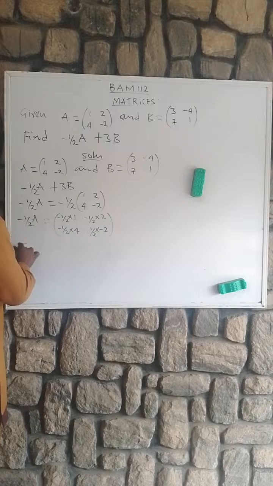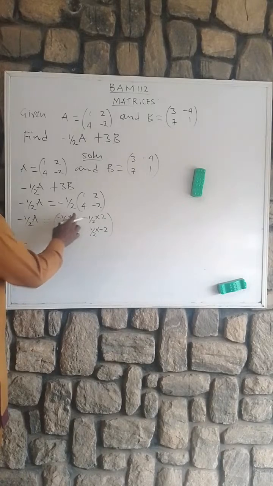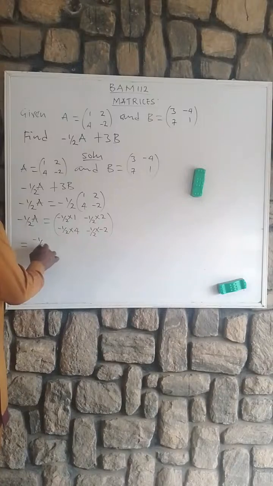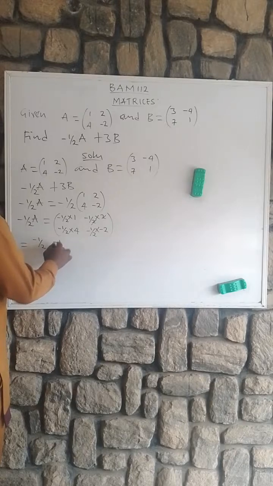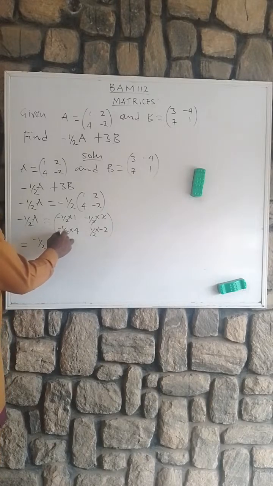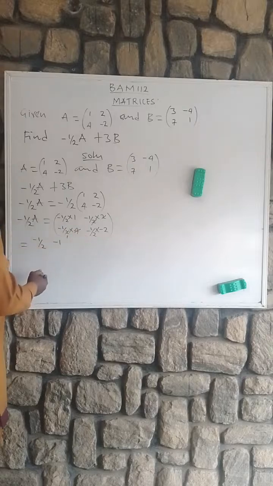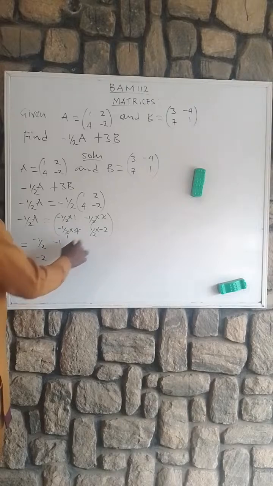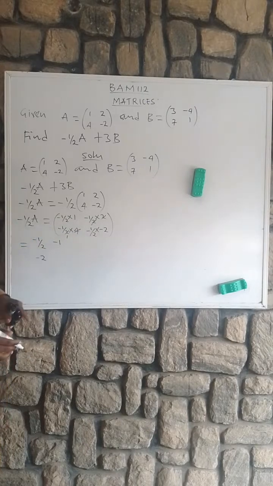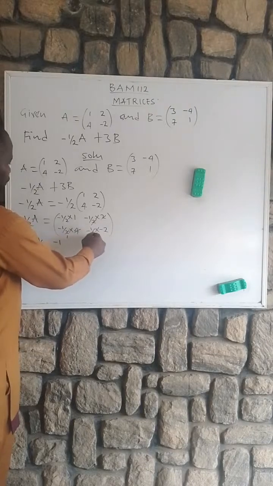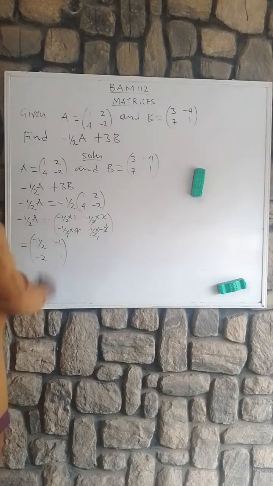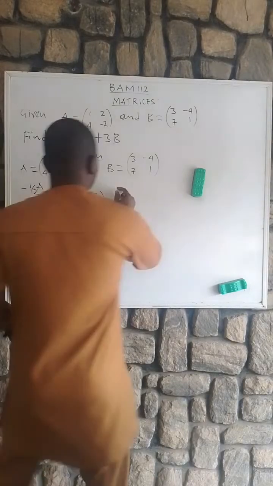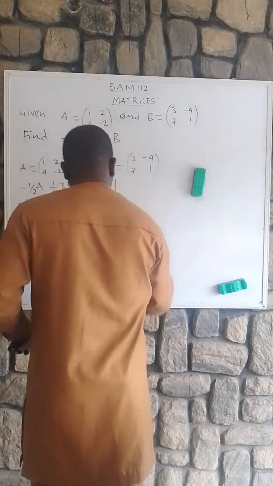So the answer will now be: -1/2 times 1 is -1/2; this one times this, the 2 and 2 cancel, so here will be -1; 2 times -1 is -2; minus times minus is plus, so 2 to itself 1, 2 to itself 1, so here will be 1. Do you understand?